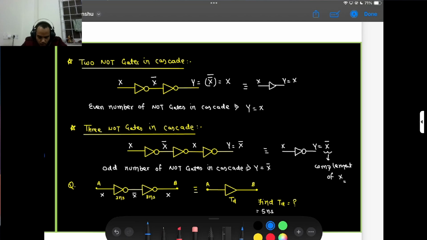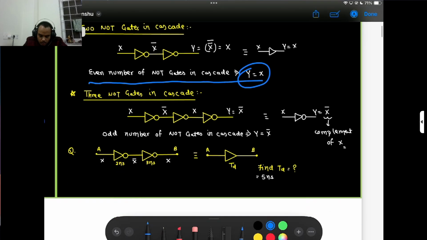So two NOT gates in cascade is like a buffer. So with an even number of NOT gates in cascade, y is x. Three NOT gates in cascade also look like a NOT gate basically, but the delay is increasing here.